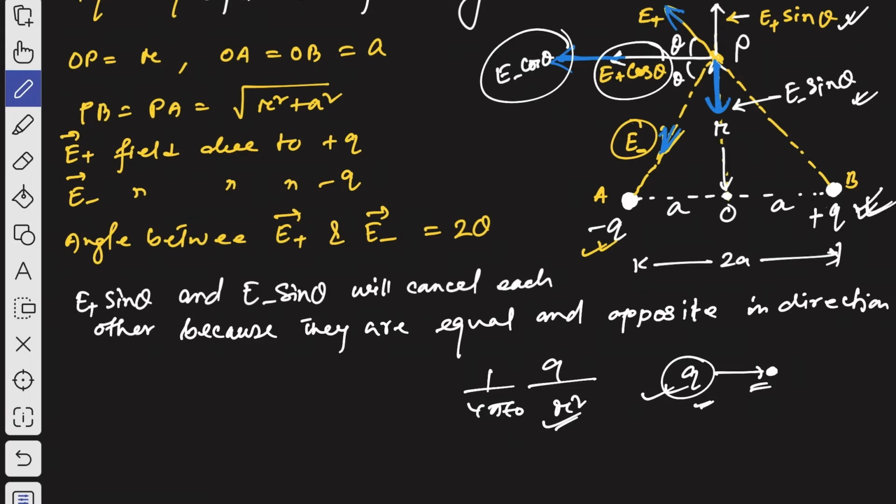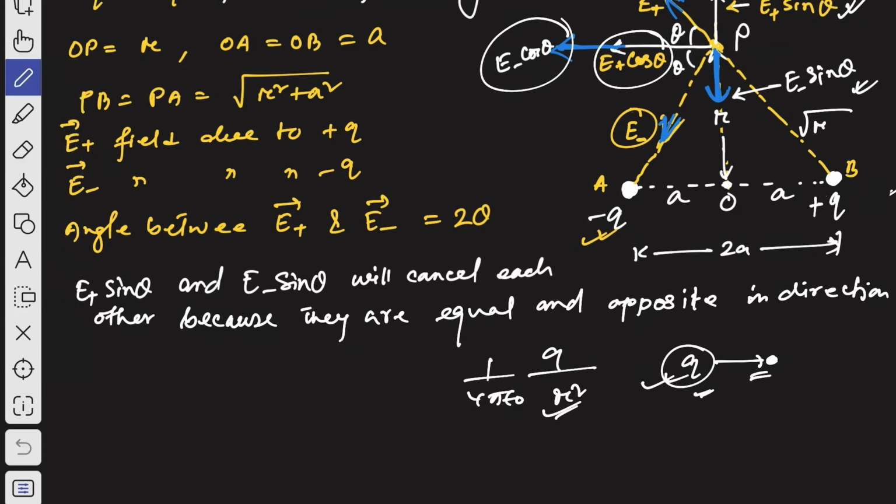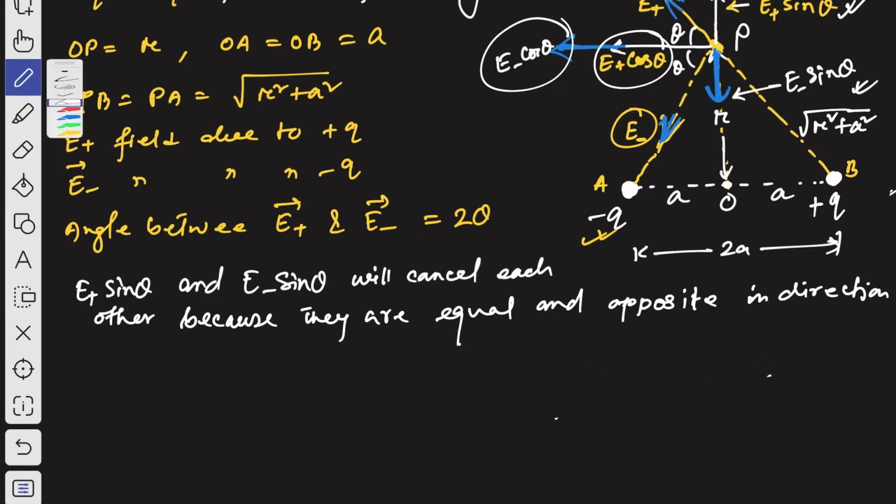But here in the diagram, the distance between this positive charge q and the point P is root over r square plus a square.